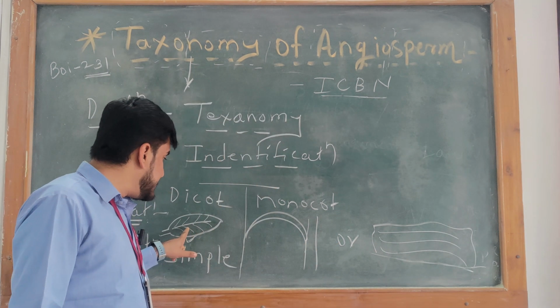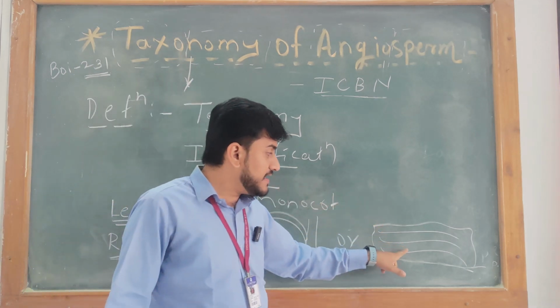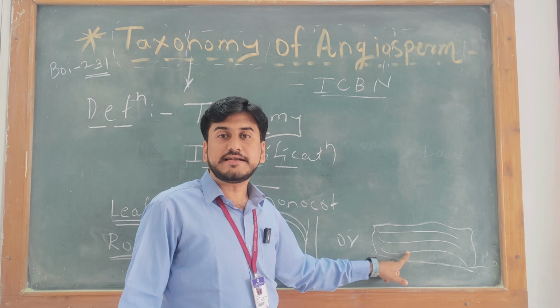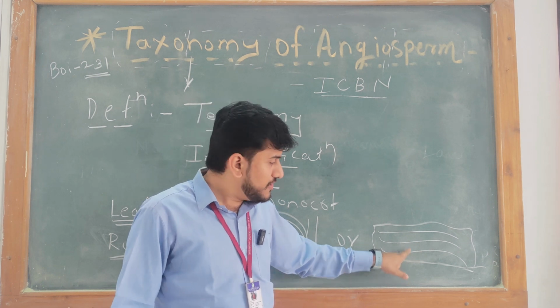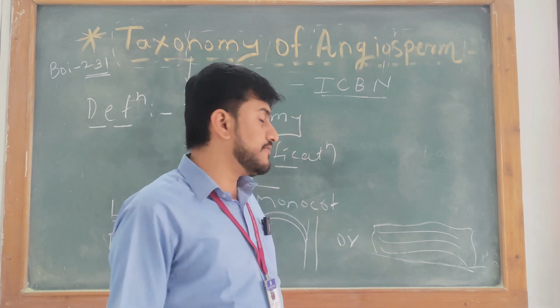In the dicot plant there is the reticulate type of venation, and in the monocot plant there is the presence of parallel type of venation. So the leaf is long, elongated, with parallel venation.